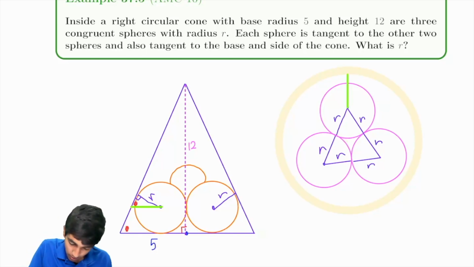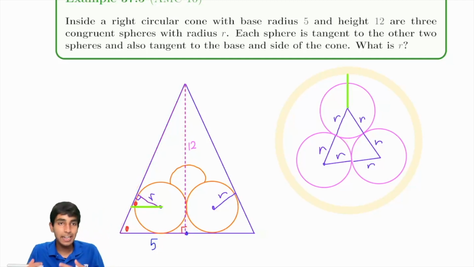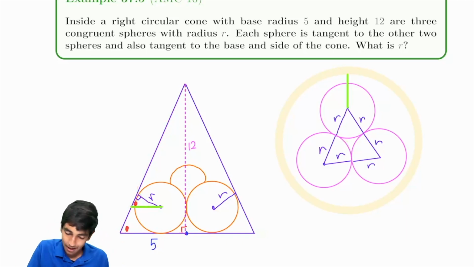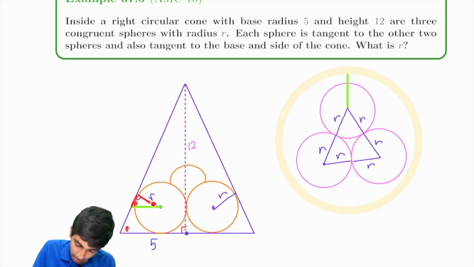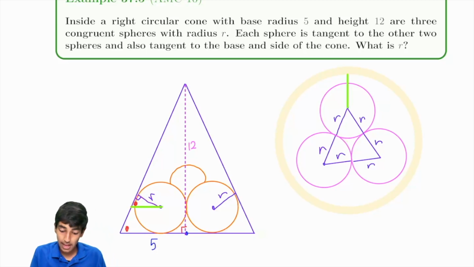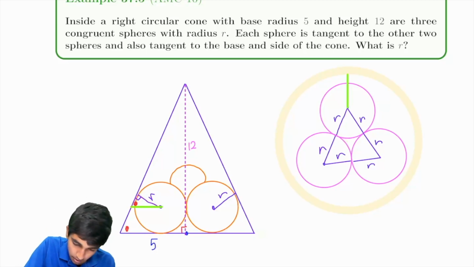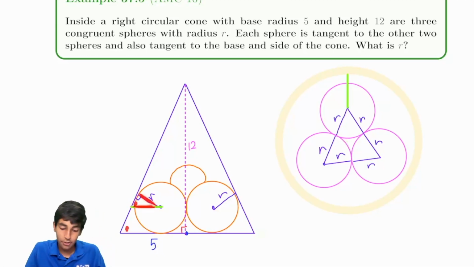So this triangle and this triangle, they share 2 angles. The right angle and the 90-degree angle. Therefore, they're similar. And that means that the ratio of this leg to this leg is 5 to 12. And by Pythagorean theorem, since the ratio of this to this is 5 to 12, the ratio of this to this is 12 to 13, because 5, 12, 13 triangle.